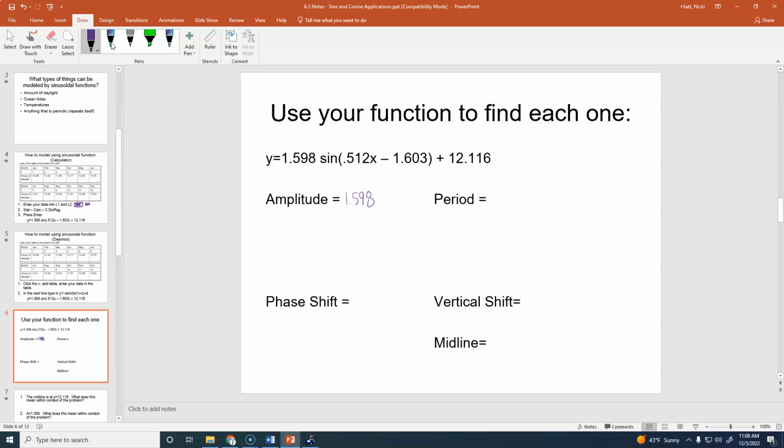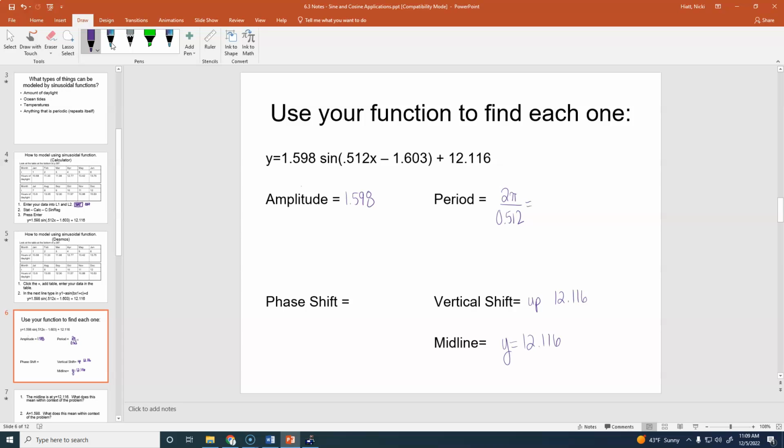My vertical shift is going to be up 12.116, which means my midline is y equals 12.116. So period. Another reason I want you to use radians is because if you're using degrees, you have to change our rules. You have to do 360 divided by b instead of 2 pi divided by b. So this makes it where we don't have to change our rules. So 2 pi divided by b, which is 0.512.